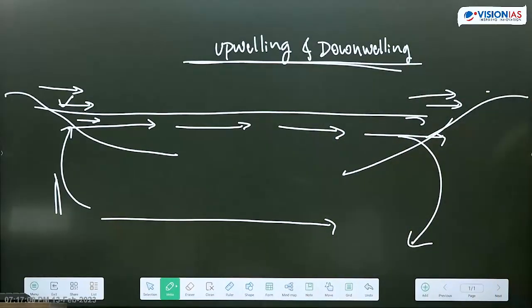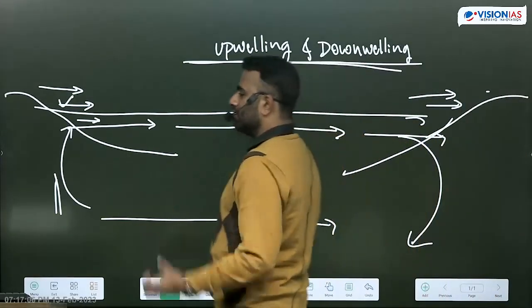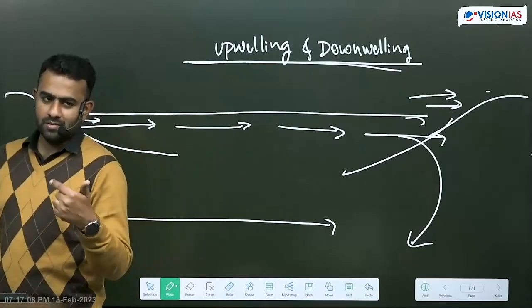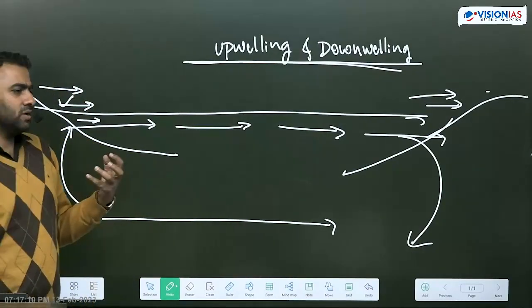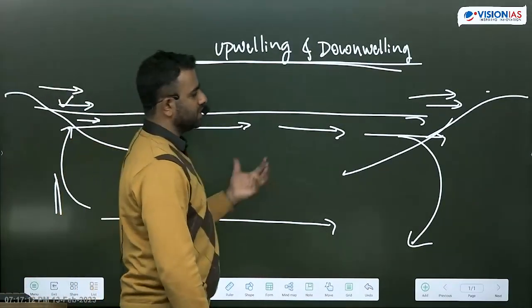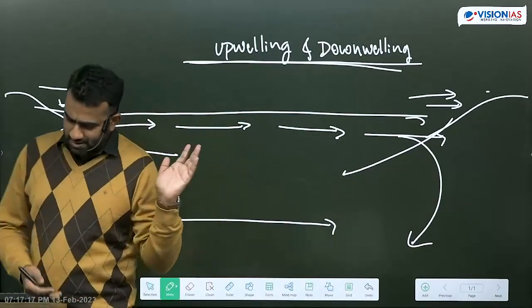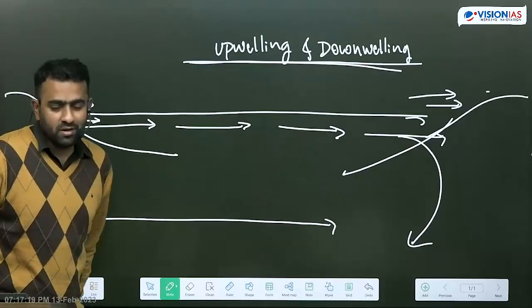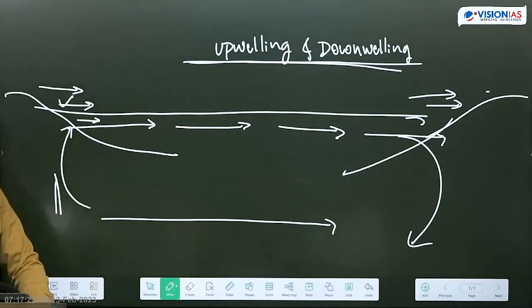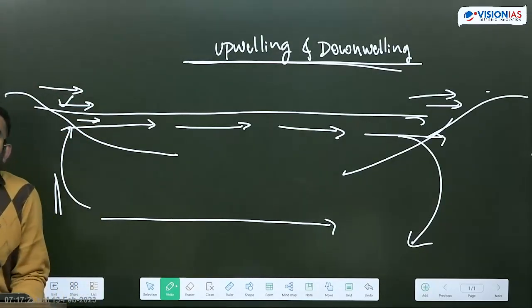Okay, downwelling also happens in the regions of ice formation. Wherever there is ice formation, the water becomes denser due to the salinity increase. है ना, salt accumulation की वजह से denser हो जाएगा, फिर it will start to downwell. So like this, there are different parts of the world where there is upwelling, where there is downwelling, तो continuously चलता ही रहता है.